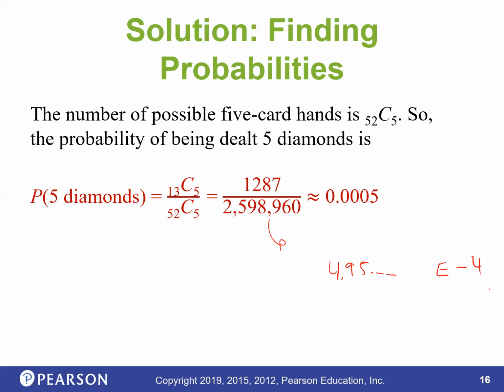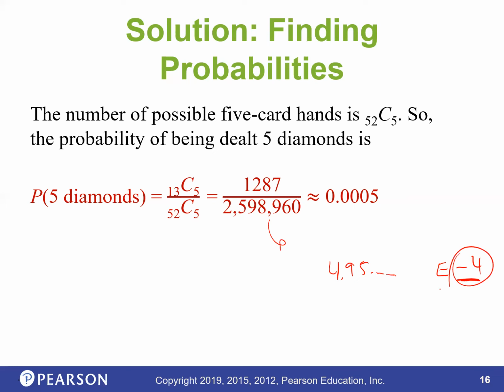Anybody else got that in the calculator? Sweet. Okay. What this means is this decimal has already been moved over 4 times to the right, so you have to move it 4 times to the left in order to compensate. This is 4.95.